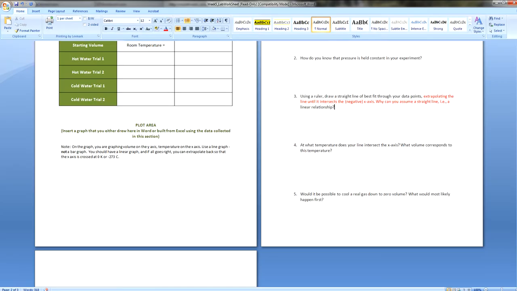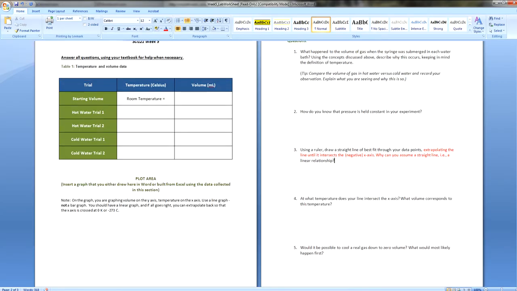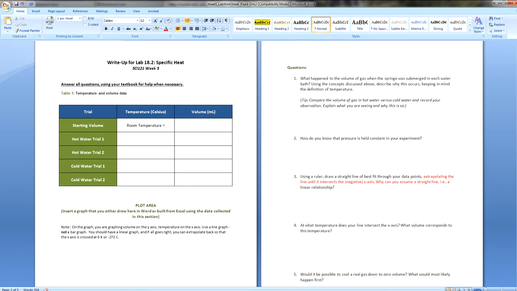So quickly going to the assignment answers sheet, the lab worksheet. Once you have all your numbers put in here, pay attention to this area that says you have to insert a graph, which you either drew by your hand or you built or you did from using an Excel sheet.